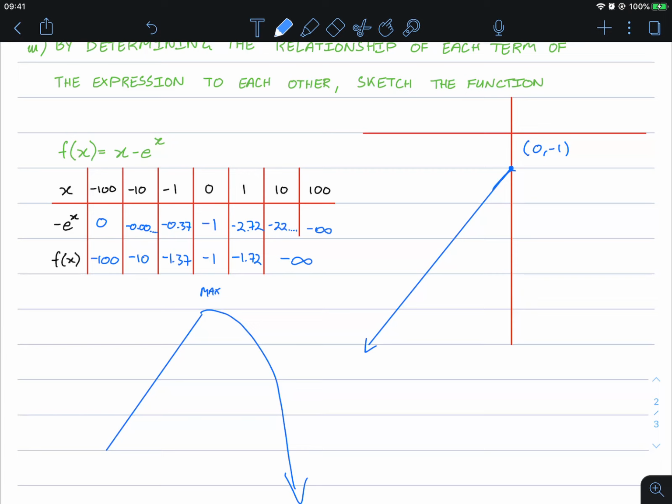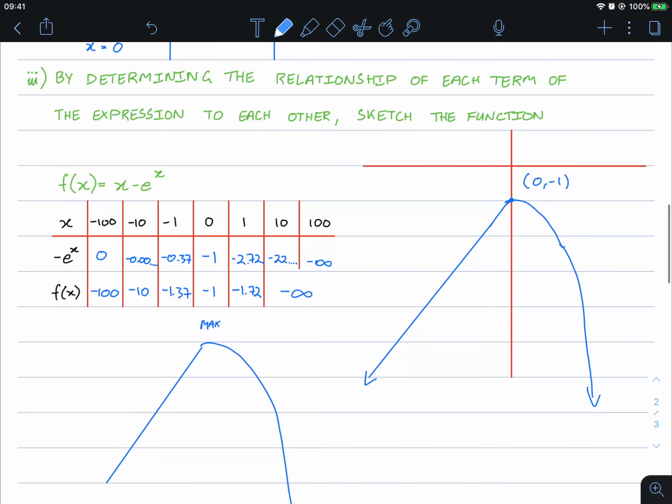Let's actually fix that up a little bit. There we are. And as x goes off to positive infinity, there's a sharp decrease. So it goes down like that. And this is f of x.